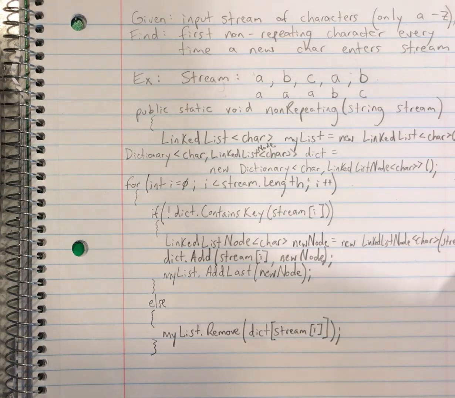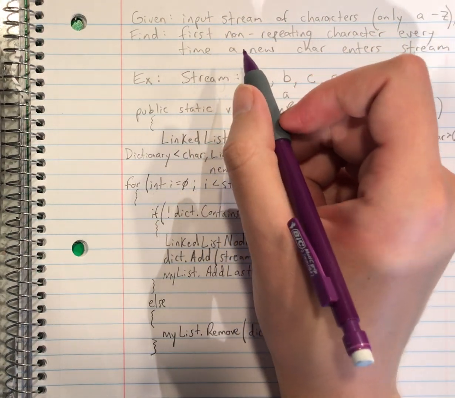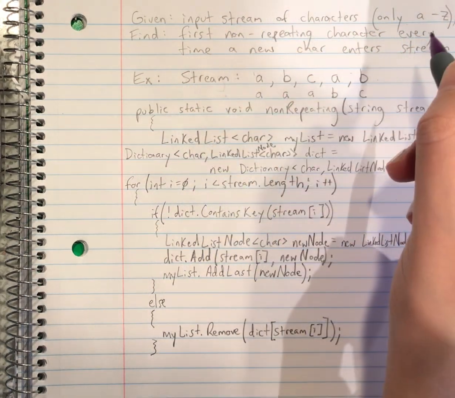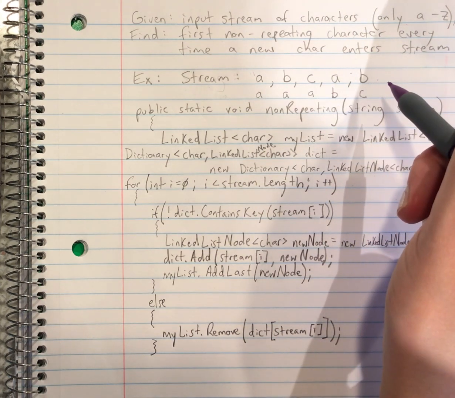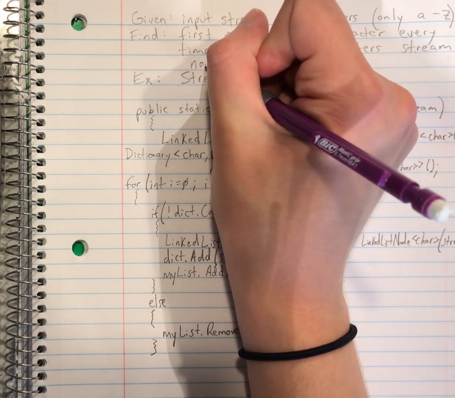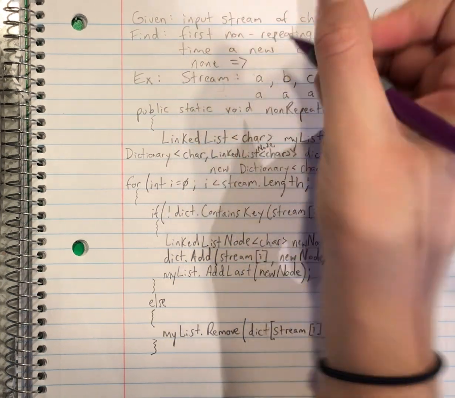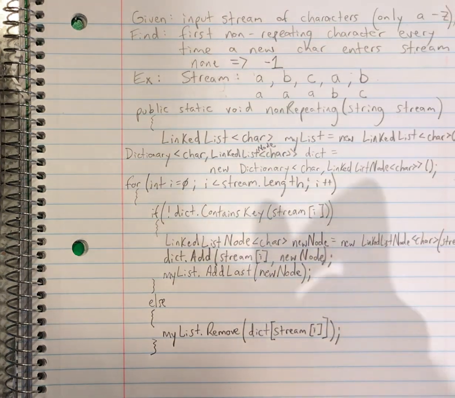And then we have to handle what we're going to print out. One additional detail is if there are no non-repeating characters at the point in time that a new character is entering the stream, then we're supposed to print out -1.